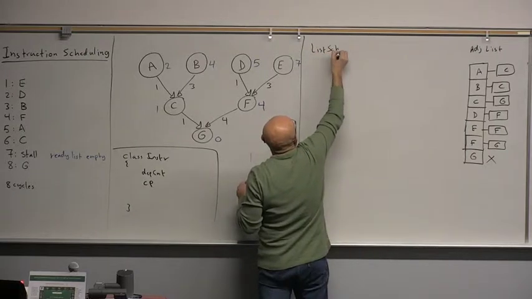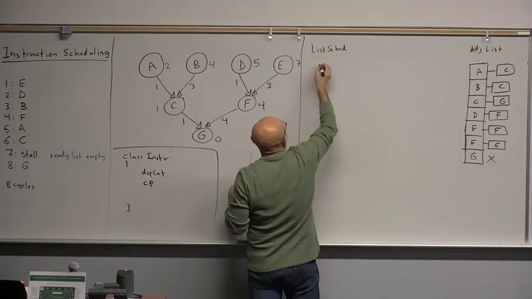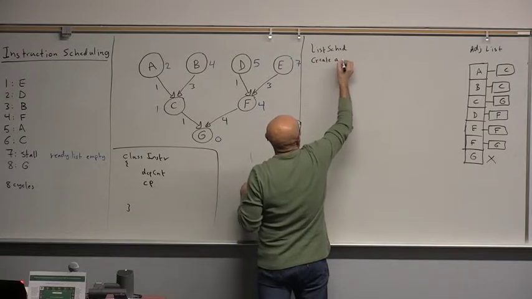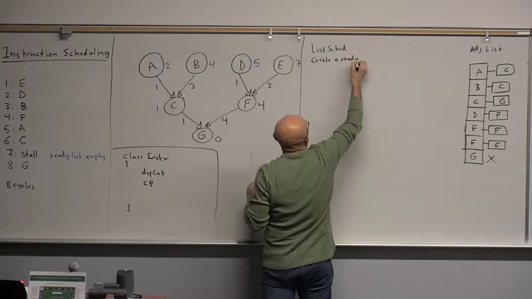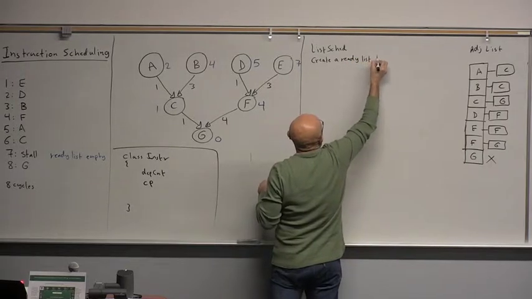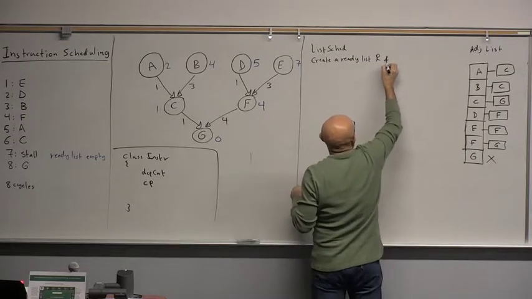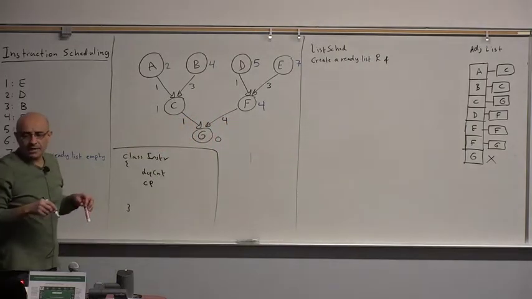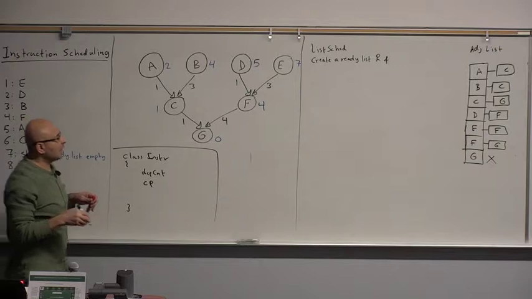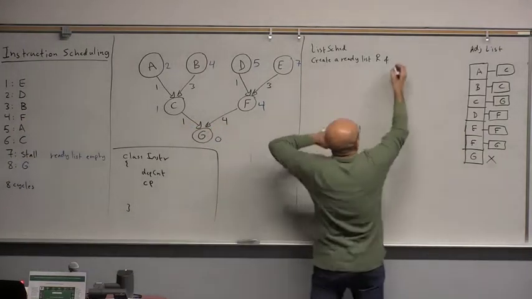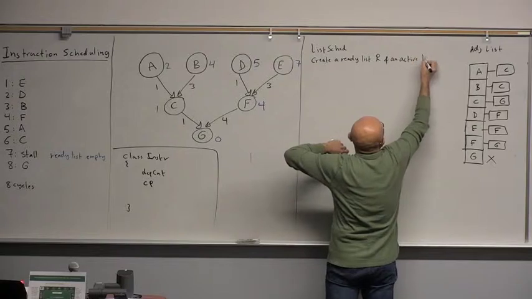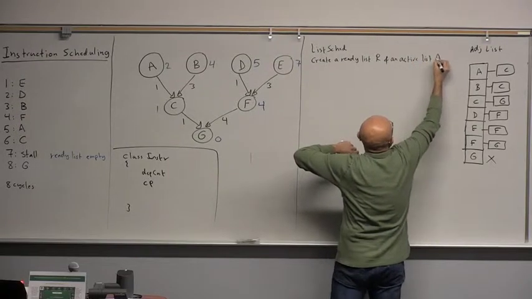List scheduling, and first create a ready list R. And what was the other list that we used in the example last time? The active list. The active list, yeah. A ready list R and an active list A.